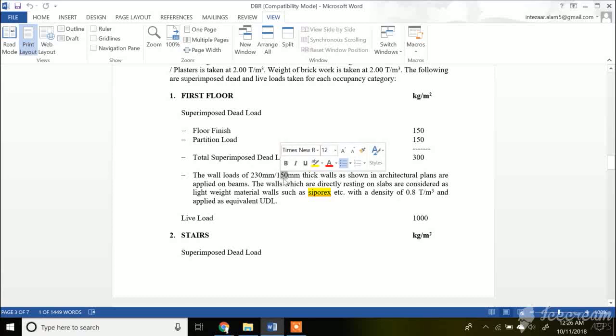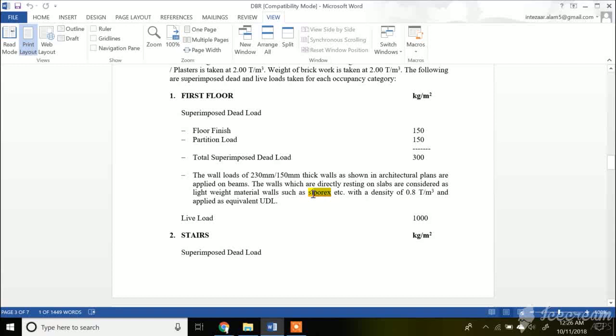The architectural plan will generally help you to get the thickness of these walls. The walls which are directly resting on slabs are considered as lightweight materials. As I said earlier, you can use either a AAC block or brick. AAC blocks are generally very lightweight, so we are using them here.